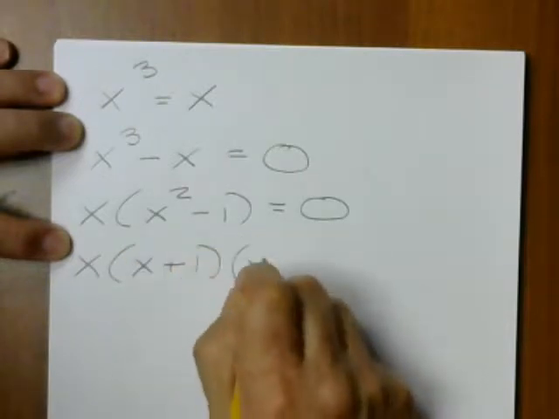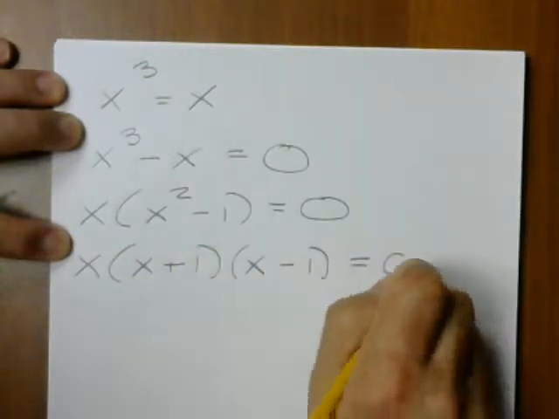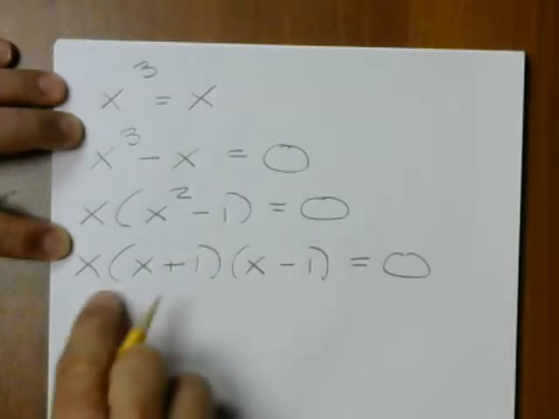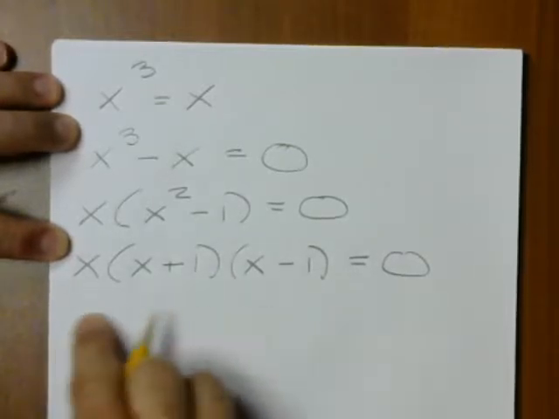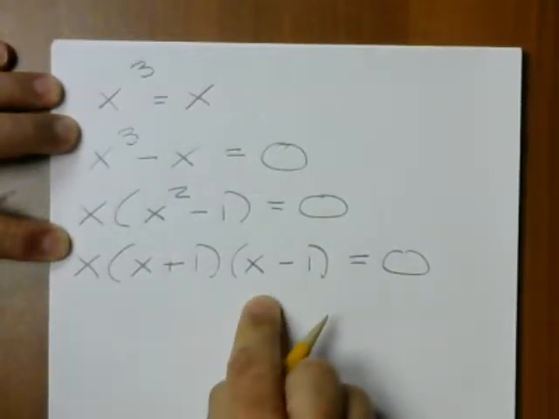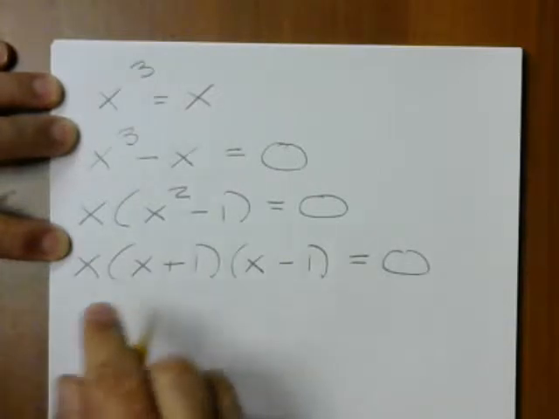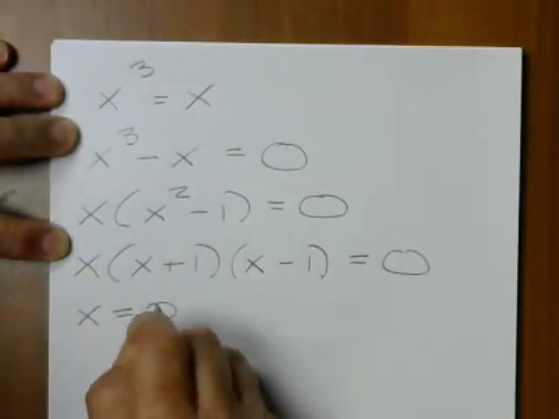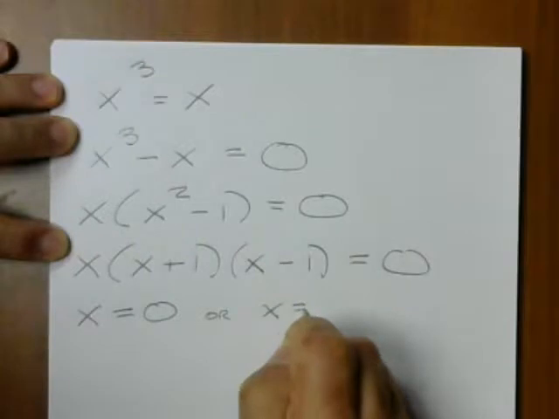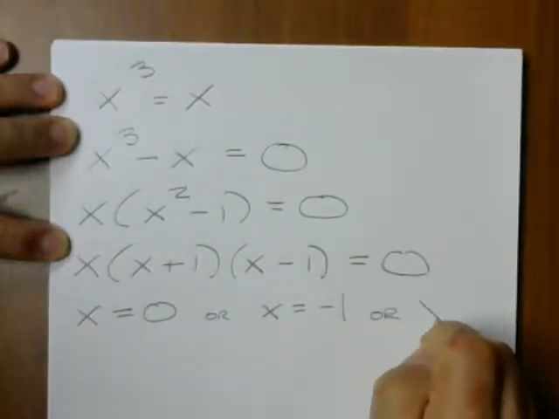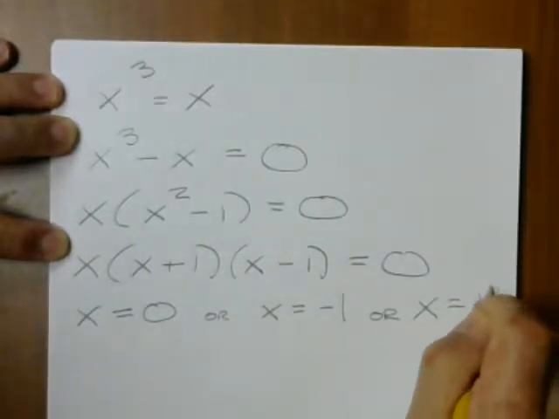This is a difference of squares. And what do I get? I get a product equal to 0. So when any of these three pieces is 0, this equation will be satisfied. So I know x equals 0, or x equals minus 1, or x equals 1.